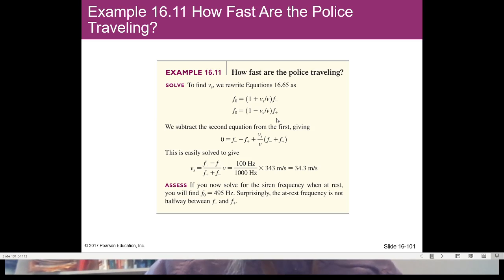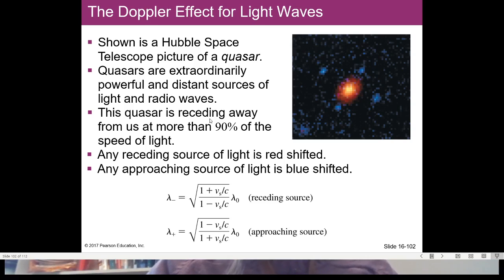Okay, that is going to be different here, when we're talking about light, because there is no medium with light in a vacuum. However, we do compare the velocity of the source to the speed of light in a vacuum.